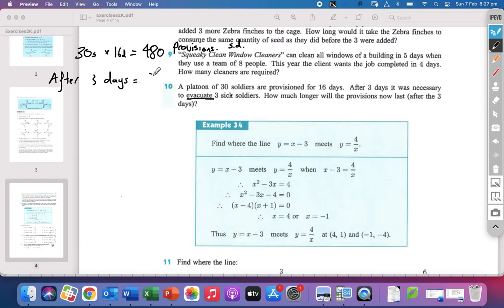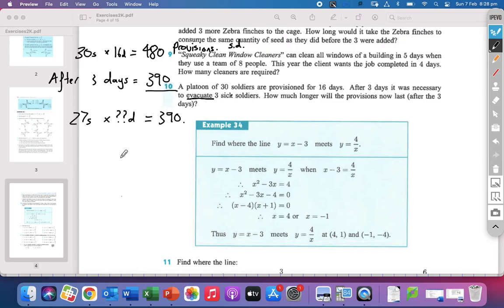We've got a new amount, 390. Okay? We don't know how many days are left, but we do know how many soldiers there are now because they got rid of 3. So that's 27 soldiers times some amount of days, I'll just say D for days, equals 390. Okay?